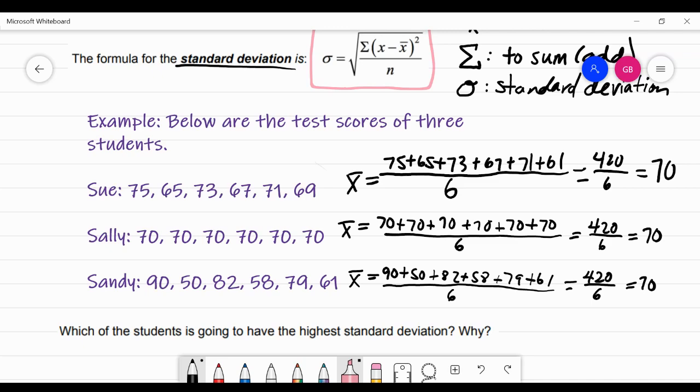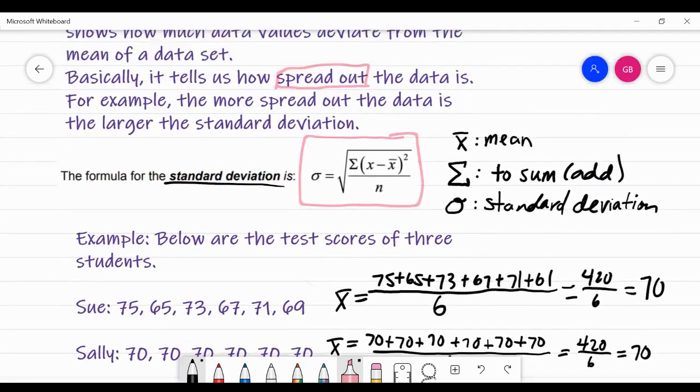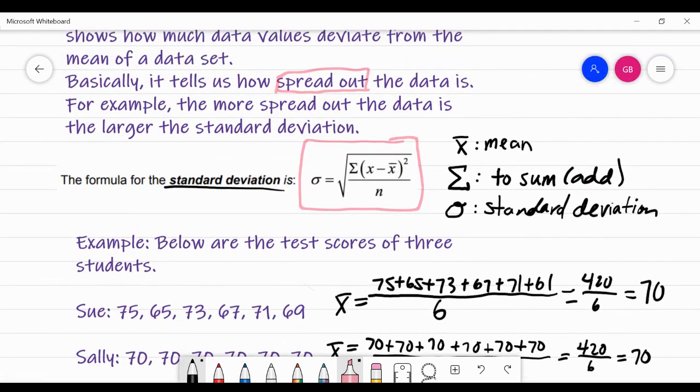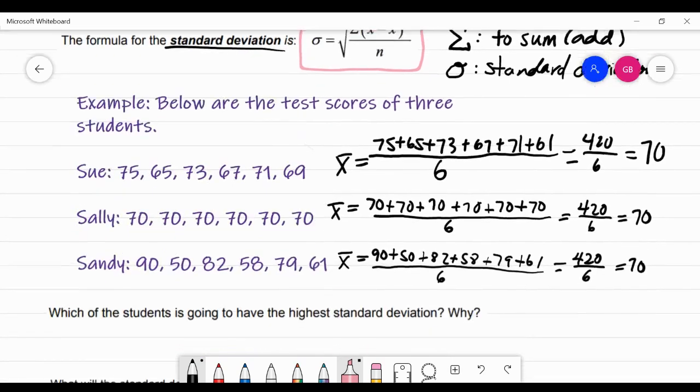Okay? But remember, this lesson is about standard deviation. Just a quick reminder, basically it tells us how spread out the data is. So here's the first question to think about. Which of the students is going to have the highest standard deviation and why?